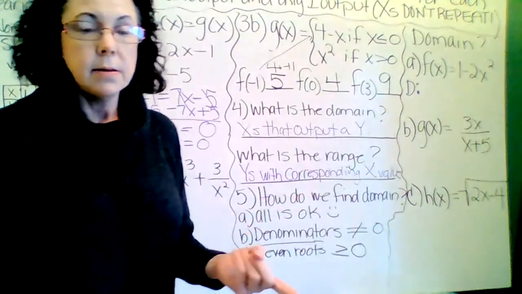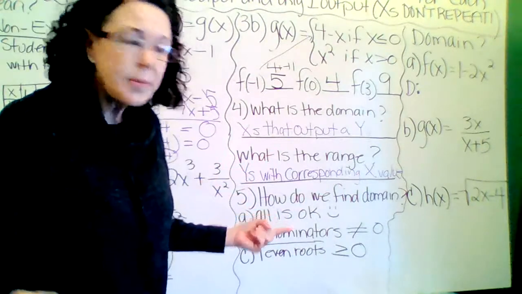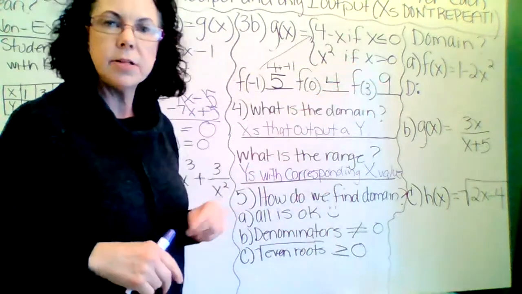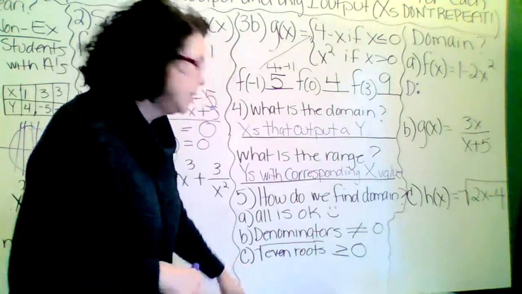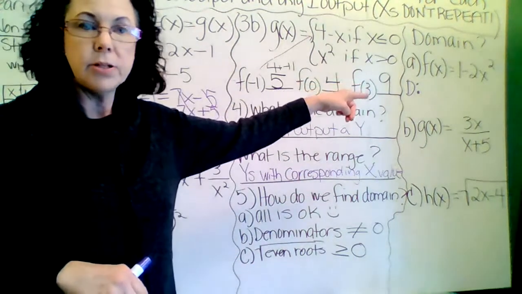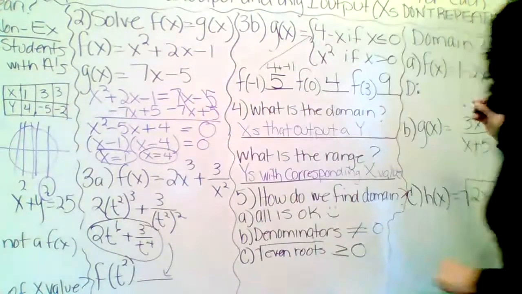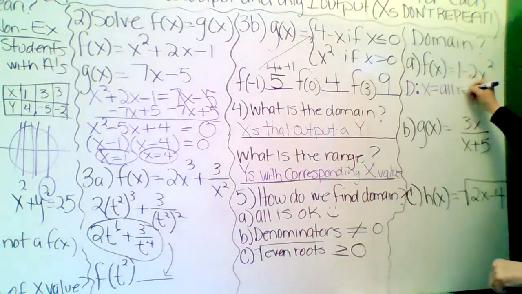Most x's are in the domain, okay? Number 2, denominators can't be 0. I don't have a denominator, I'm good. Number 3, square roots, even roots have to be greater than or equal to 0. I don't have any square roots. What does that mean? Everything's okay. My domain is x equals all real numbers.